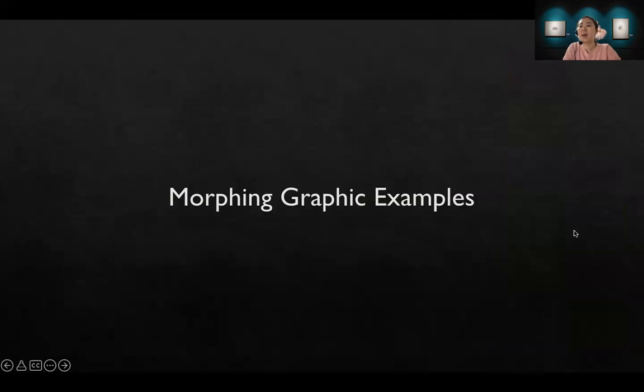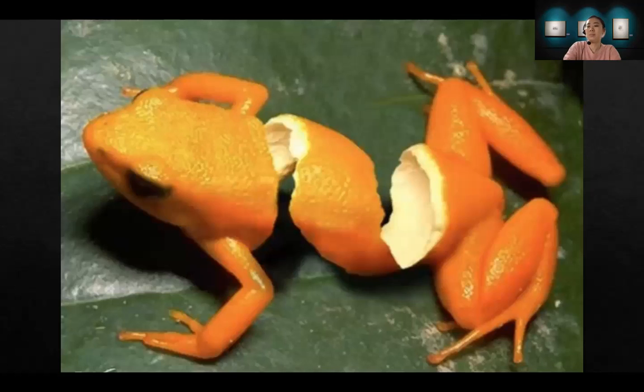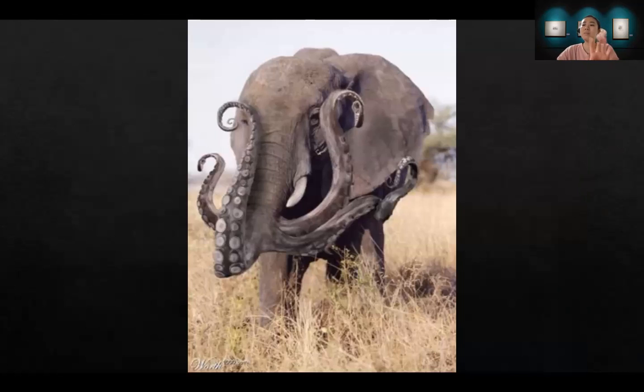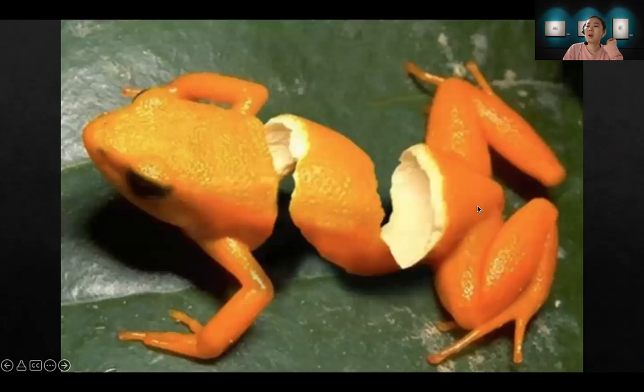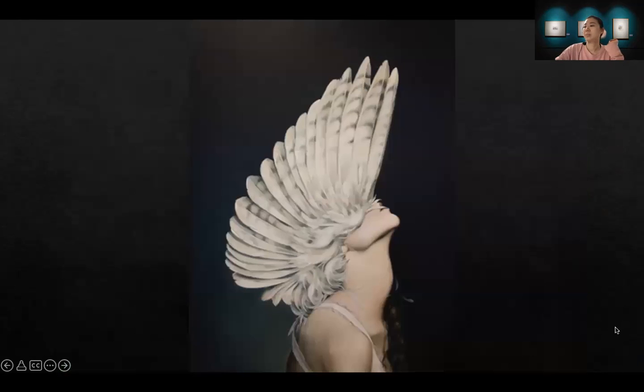Now, back to the 21st century, there are lots of fun morphing images. So I will share it. It is a morphing of an elephant and an octopus. And the next one is a frog with an orange peel. Oh, it's a human with a bird wing in an odd location.